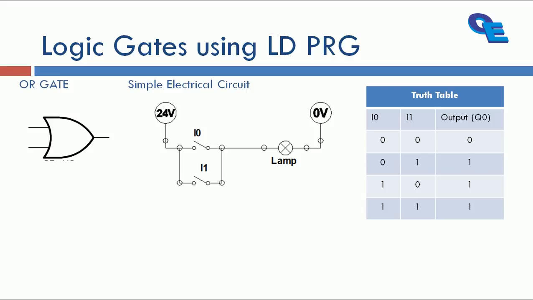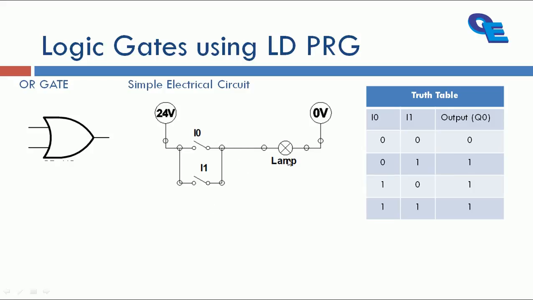and to a source. When I0 is triggered, the circuit will be completed through I0, and the lamp will be on. If I1 is triggered, the circuit will be completed through I1. When both are triggered, current will flow from both switches and the lamp will glow.